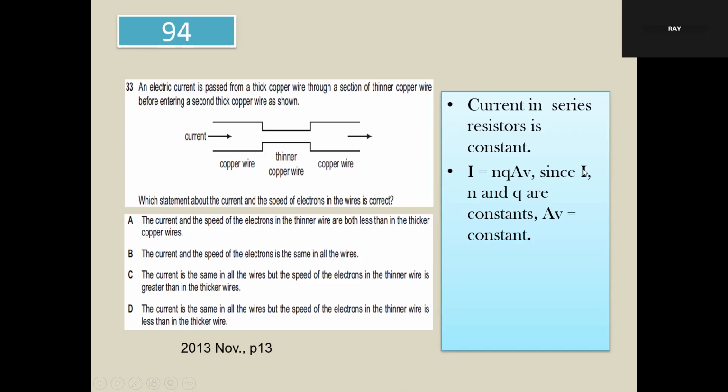I is constant. So Av is the one that is constant. So v is greater in the thinner wire, as A is smaller. Thinner wire, v is greater. So the answer is C. Okay.